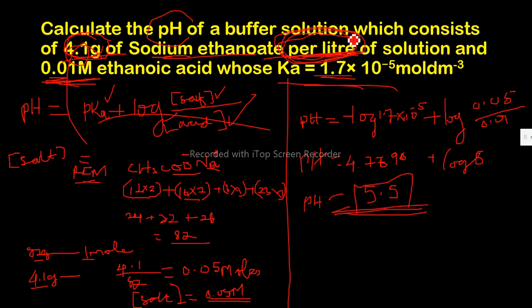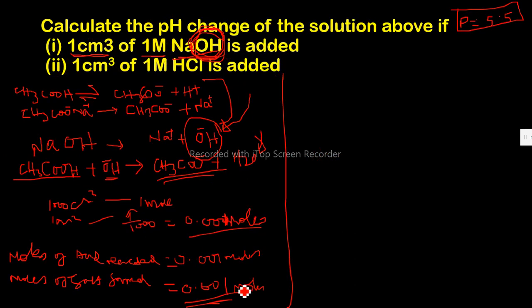We are dissolving in a liter, even the acid. So I think here the total volume is a liter. Therefore, these are the moles of the acid in a liter, and also the moles of the salt in a liter.